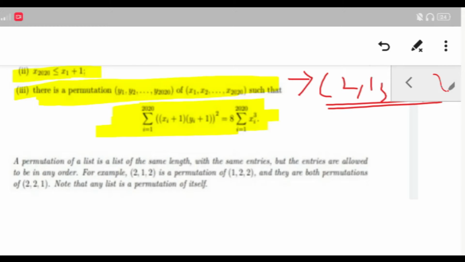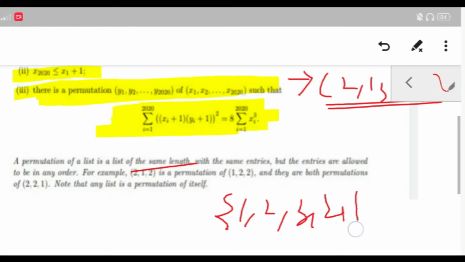A permutation of a list is a list of the same length. Same length means, as previously, if we have the set 1 2 3 4, its permutation will be something which contains 1 2 3 4 but has the same length.